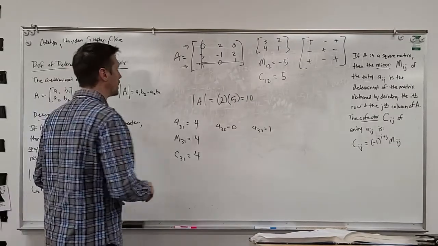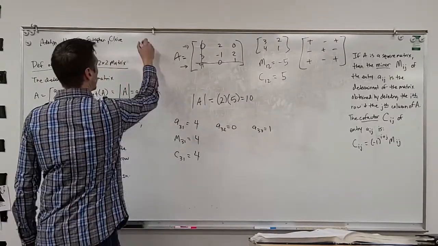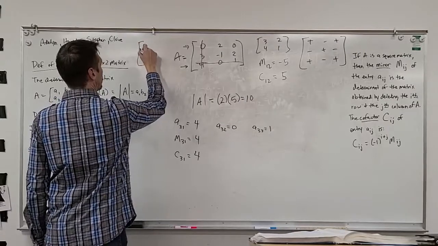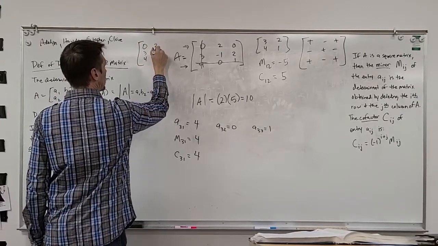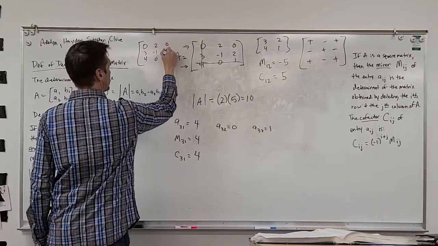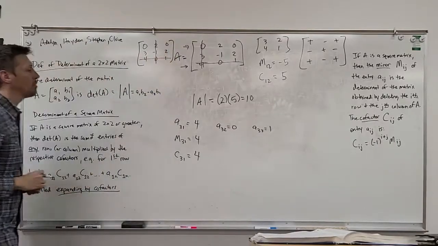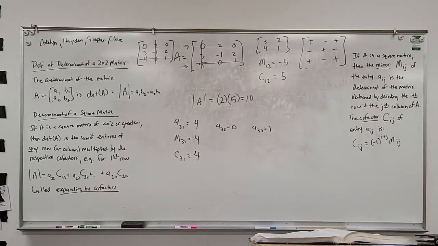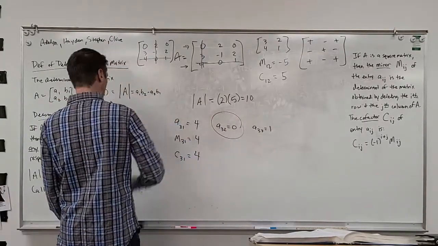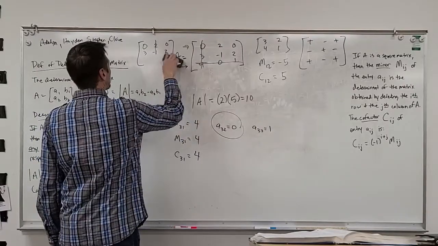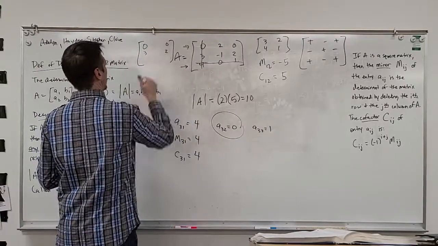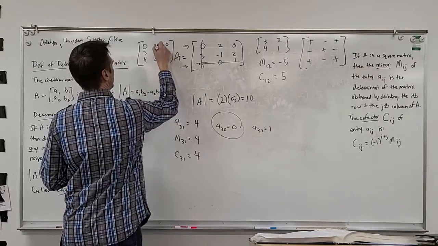So now let's do A32. This is so hard with crossing it out. 0, 3, 4, 2, -1. I'm just rewriting it. 0, 2, 1. We're focusing on this entry, so I'm crossing these out this time. But do I even need to do that? No, I don't even need to do that because I'm going to multiply it by 0. I was making a point. 4, 0, 1, 2, -1.